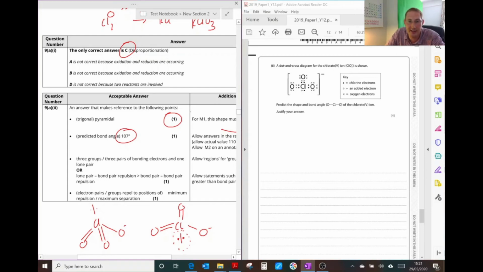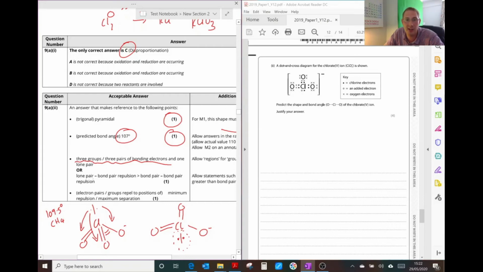And the reason for that is in a tetrahedral, the bond angles are 109.5 in something like methane, CH4, but because the lone pair is more repulsive than bonding pairs, that means that these angles are going to be closed up slightly, hence slightly smaller than 109.5. Why is it based on this? Well, you've just got to talk about 3 groups, or 3 lots of bonding electrons, and a lone pair.